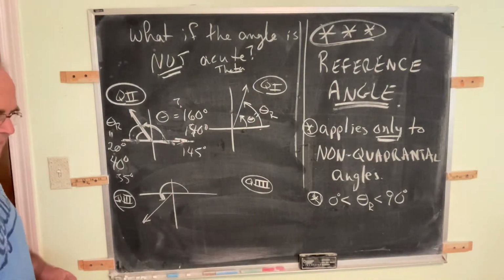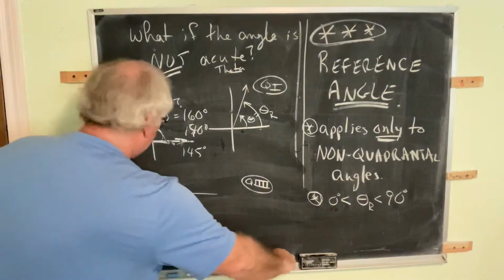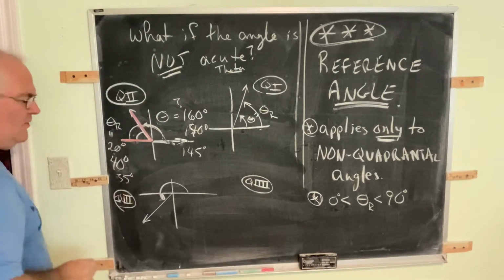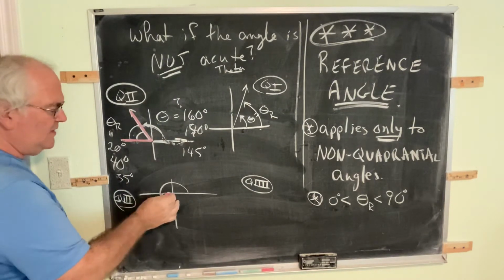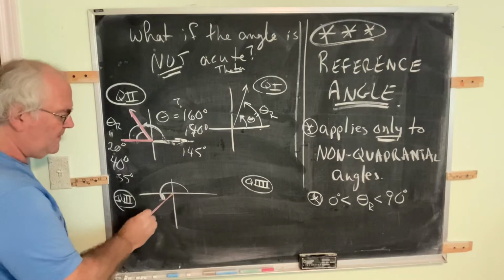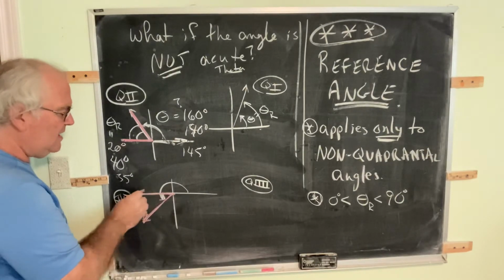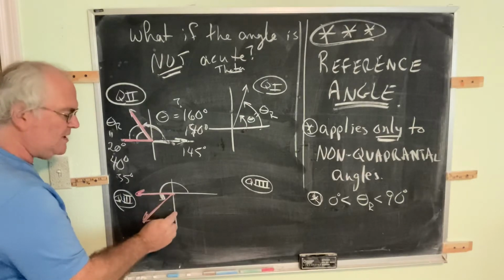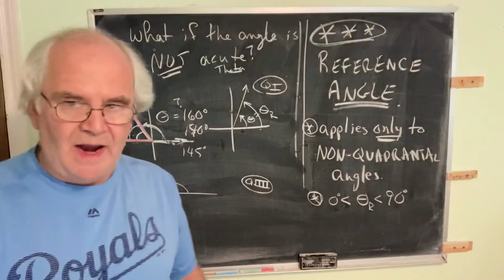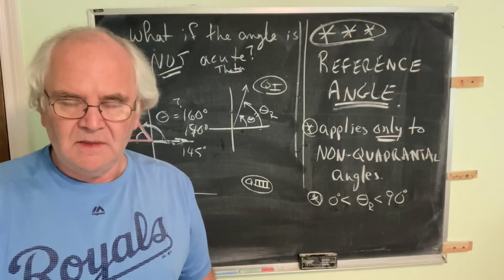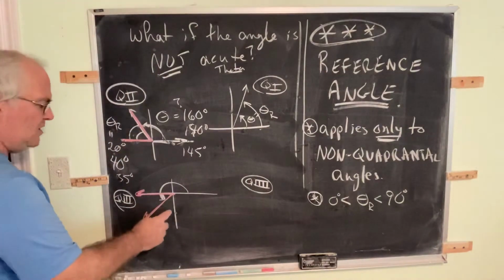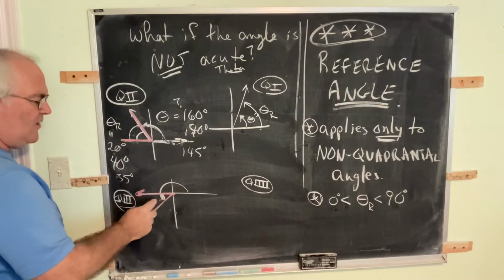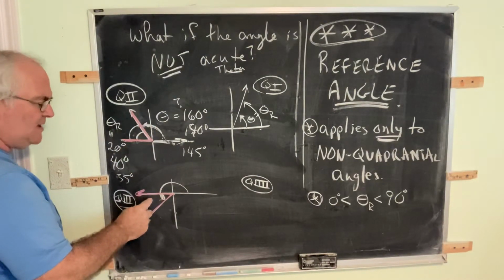Theta reference lies against the terminal side of theta and the x-axis. The most common error students make is they put theta reference here. Theta reference never ever touches the y-axis. It's like the third rail. Theta reference always lies against the x-axis.